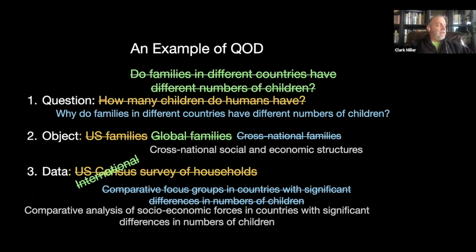But maybe somebody comes along and says, well, that's interesting that you're finding that people have different attitudes and different values, and they make different choices about the number of kids that they have in these different countries. But my suspicion is that there's something deeper that's underlying those choices that they're making.